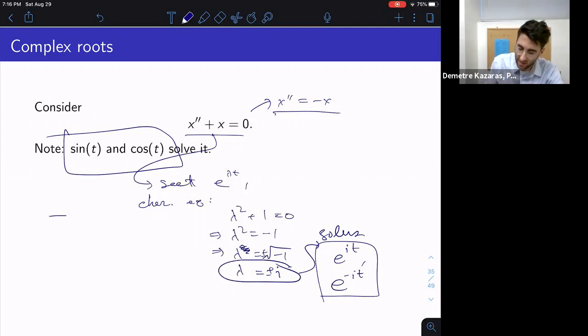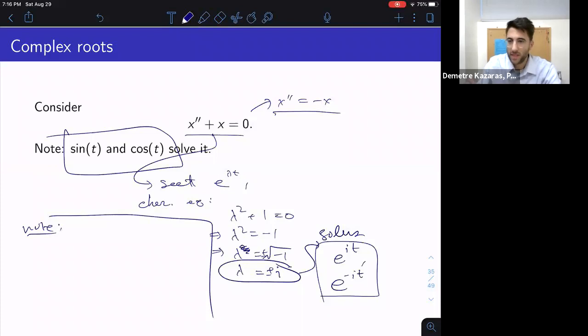Now let's make an interesting observation. Because e to the it solves this equation, there must be numbers. So, sine and cosine, they're linearly independent. They form a complete set of solutions to the equation. Any solution can be written as multiples of those two functions.